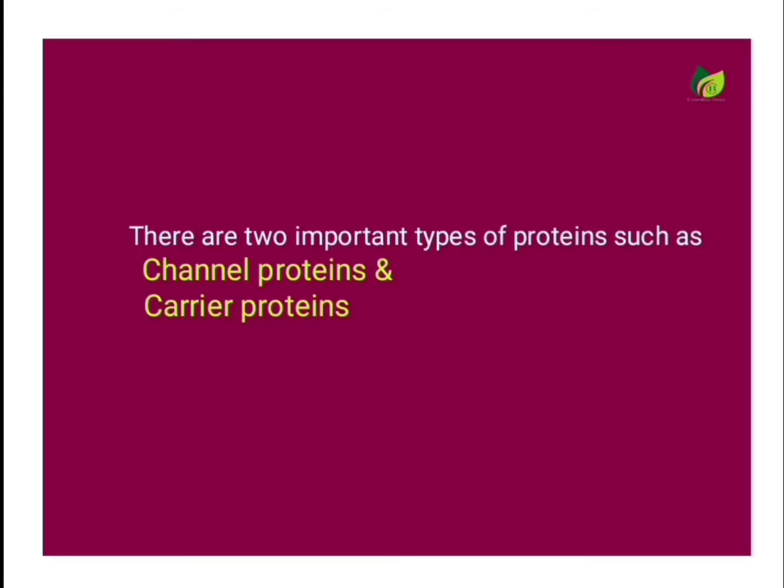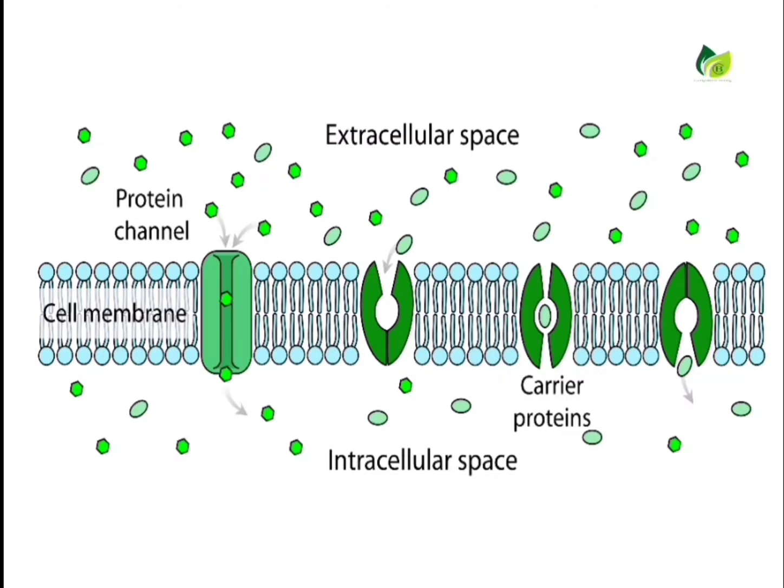Generally there are two important types of proteins, channel proteins and carrier proteins. You can see the picture carefully. Channel proteins form channels for lipid insoluble molecules and ions to pass freely through the membrane. Ions can freely diffuse through these channels.